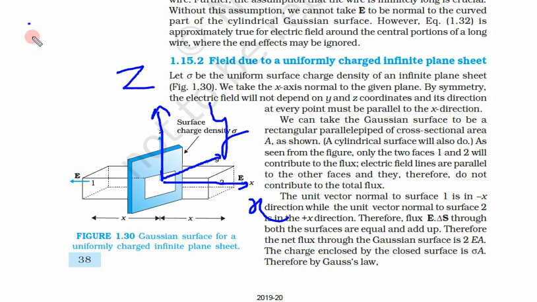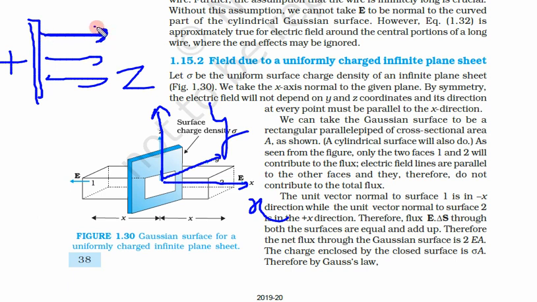For sheets, the electric field does not work like that. The electric field is like this always, if the sheet is positively charged, outwards. So it is not radially outward, it is perpendicular to the sheet, normal to the plane. It is in this direction.